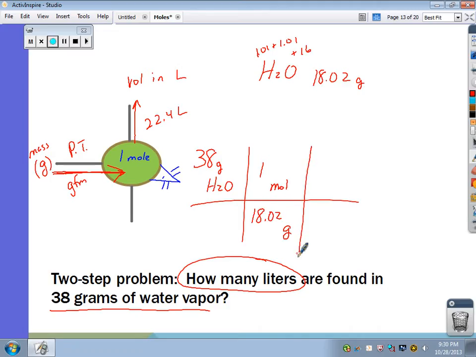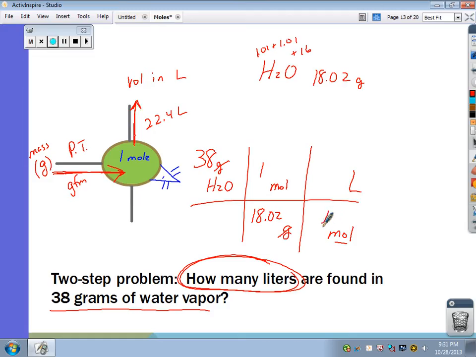Now, does my problem ask for moles? Nope, it asks for liters. So I take my words up top, my moles, right, my grams canceled. My moles I want to cancel, so I put moles down here and liters up top. What am I physically doing in this step? I'm leaving moles, I'm going to volume.